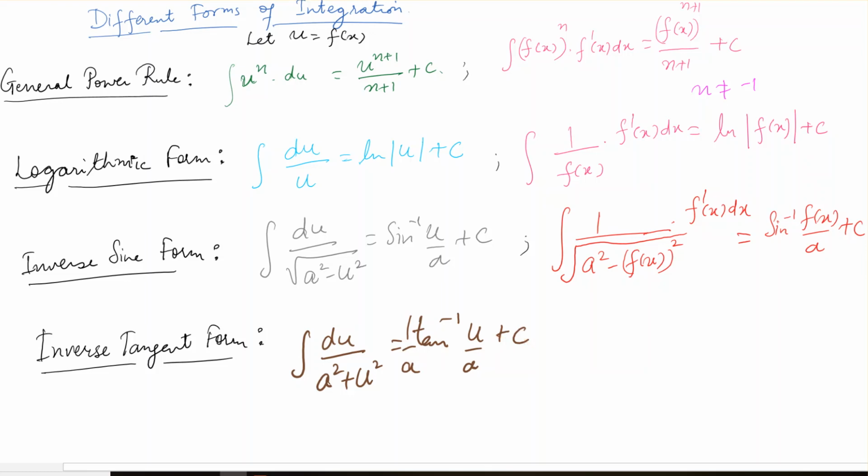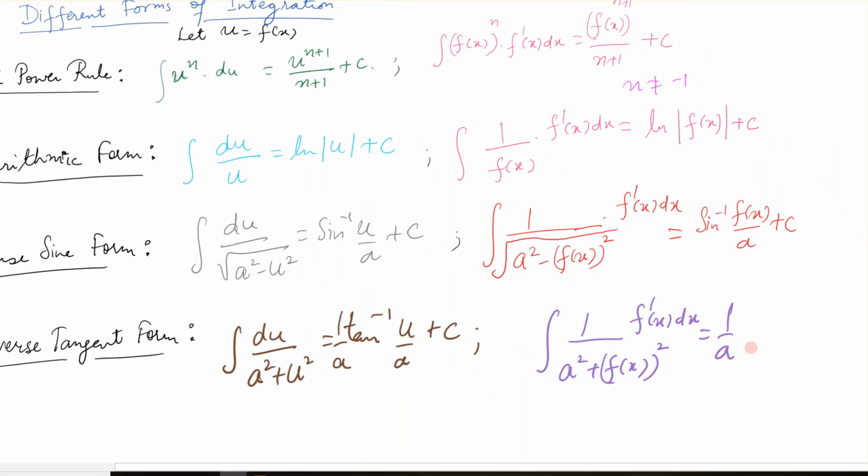In this case, you can have the equivalent form in which you can write, if you plug in u is equal to f(x), you get 1 over a squared plus f(x) squared, and then you have the differential of f(x). So the answer would be 1 over a times tangent inverse of f(x) over a plus c.